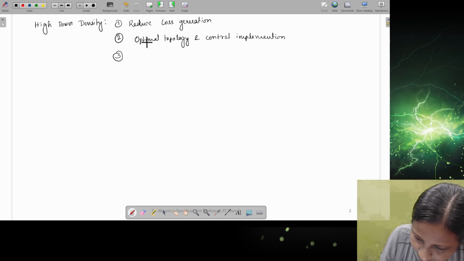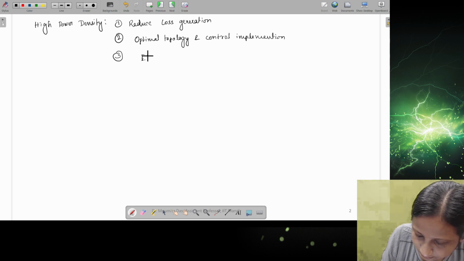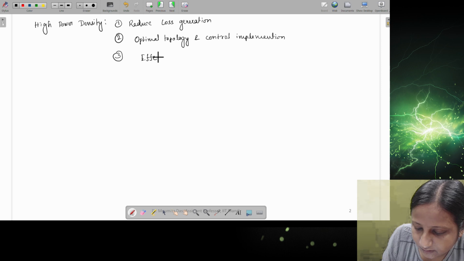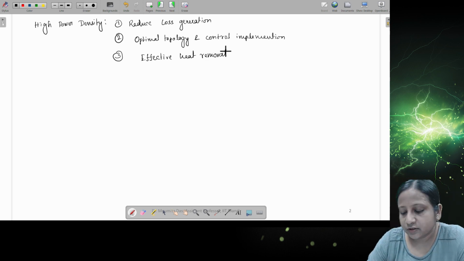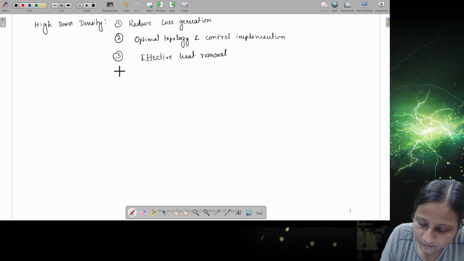Third is effective heat removal or thermal management. Okay, so that needs to be looked after.